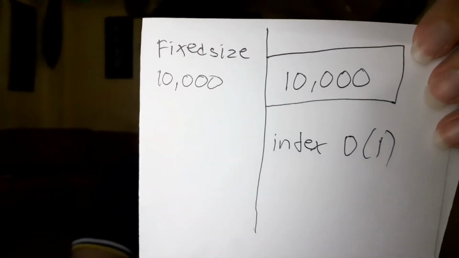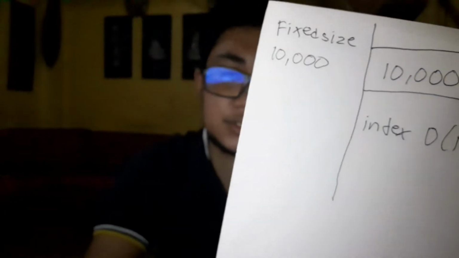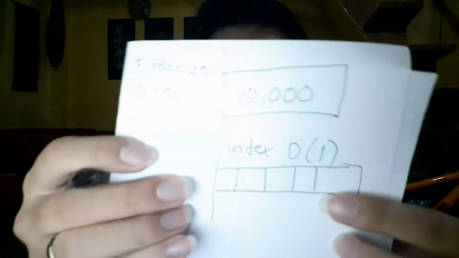So because we have this fixed size in our memory, let's say we have an array of size 5. So 1, 2, 3, 4, 5 squares. Maybe these are the items here: 7, 9, 10, 11, and 12.